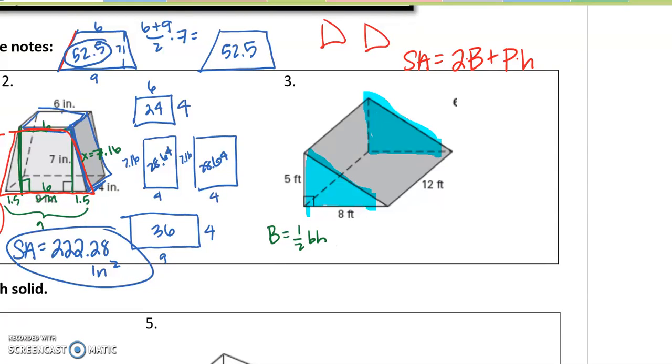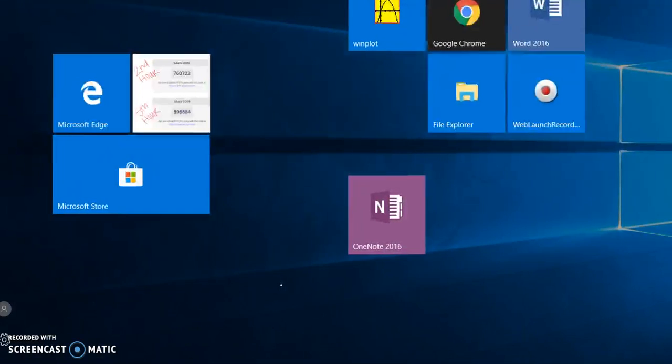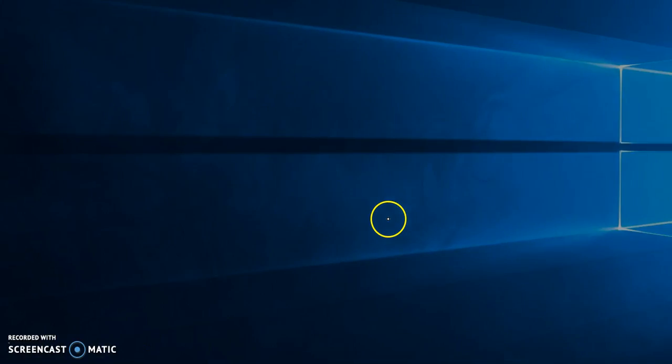So this lowercase b stands for the base side of the triangle, whereas capital B stands for the area of the triangle. So whenever I plug those in, that'd be 1/2 times 8 times 5, or let's see, 4 times 5. The area of the base is going to be 20 feet squared. The perimeter of the base P, I need to know my third side of the triangle.